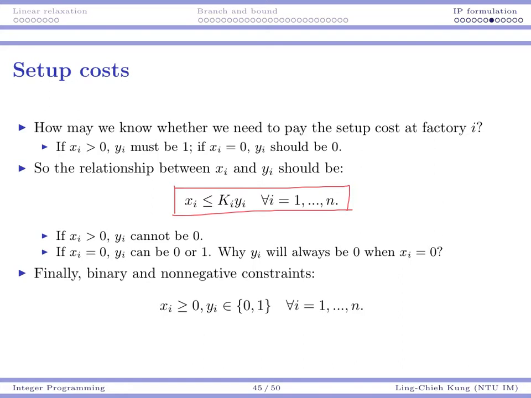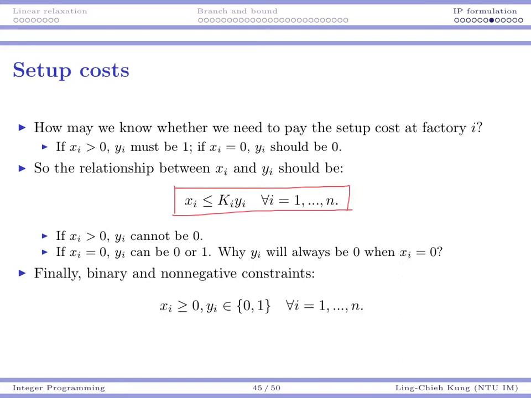Why? If xi is positive, your yi cannot be 0, otherwise you violate this constraint. And if your xi is 0, then this constraint is basically removed. You have no restriction on yi. Yi can either be 0 or 1. But in this case, you obviously see that yi must be 0. Why?